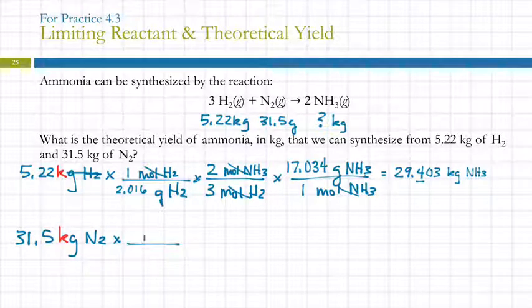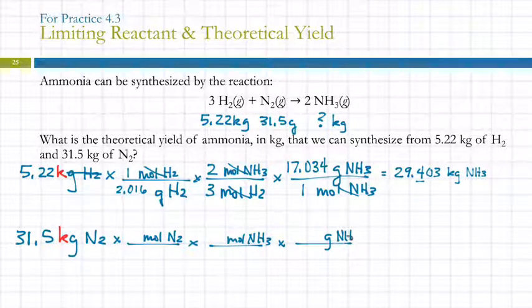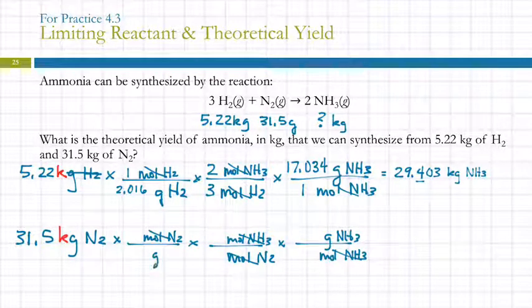So I convert to moles of nitrogen, and then I convert to moles of ammonia, and then to grams of ammonia. So I put the previous unit in the denominator so they cancel out. And then here, again, I'm canceling the gram, but not the kilo part. Just letting it sit there.